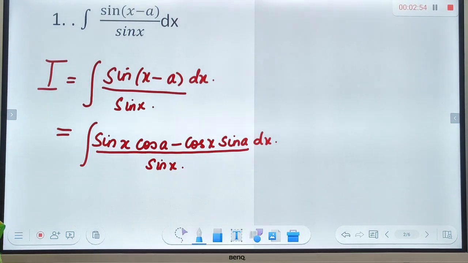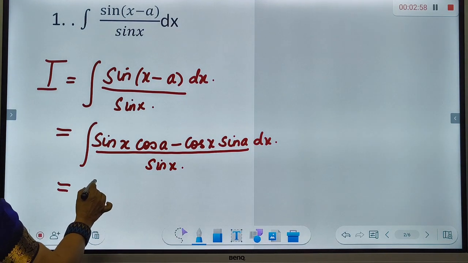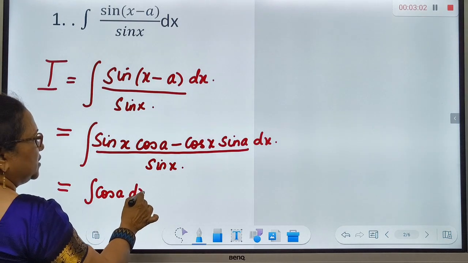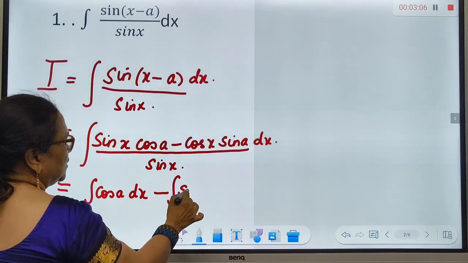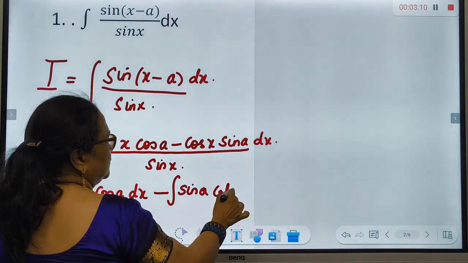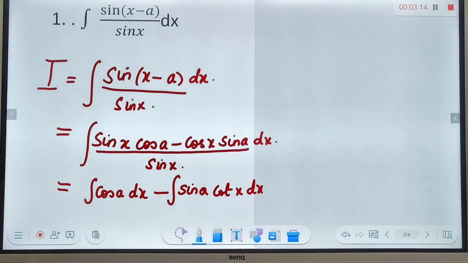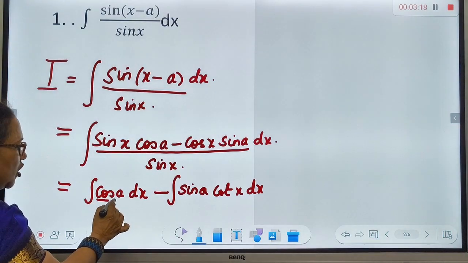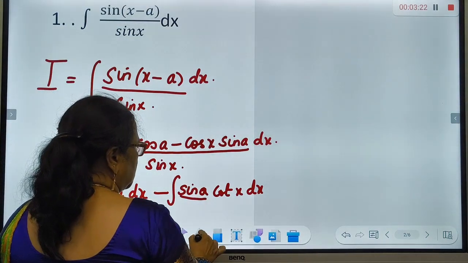Remember, x is a variable while a is a constant. So I simplifies to integral of cos a dx minus integral of sine a into cot x dx. Cos x by sin x is cot x. Now a is a constant, so cos a is a constant. Similarly, sin a is a constant.